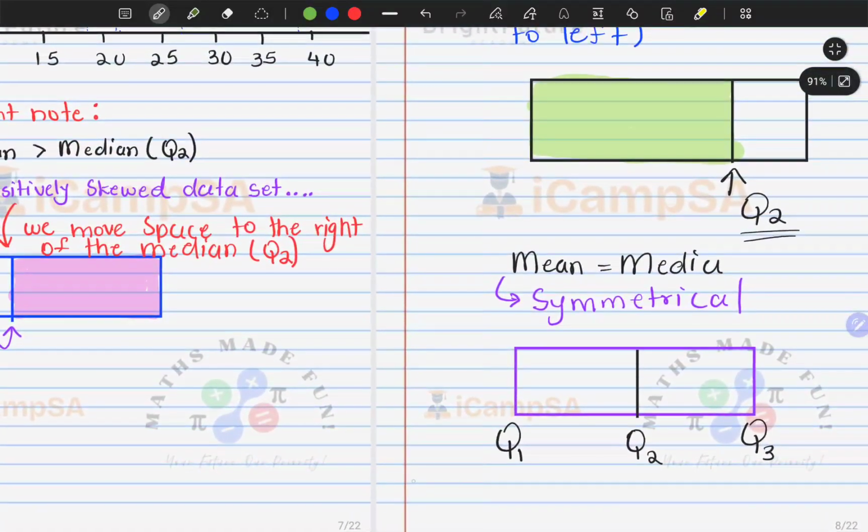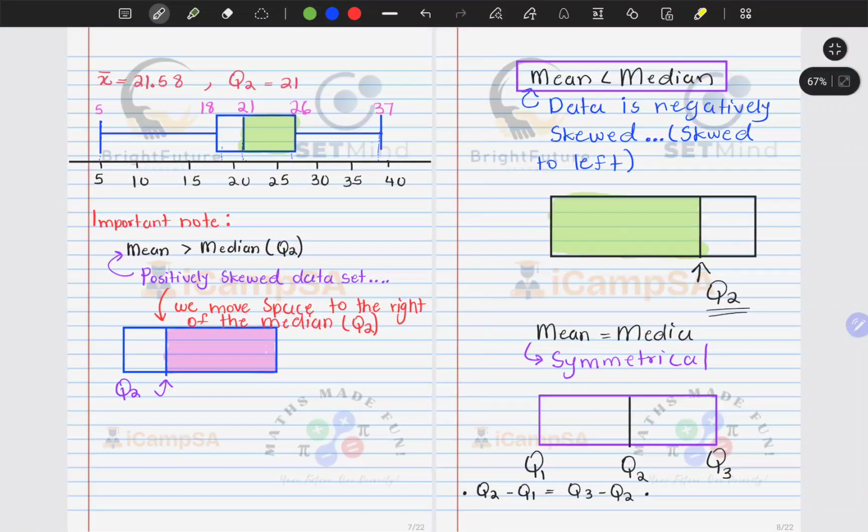If you think carefully, when it is symmetrical, if you do Q2 minus Q1, you should get the same answer as Q3 minus Q2. This is another check that you can do. For a data set that is negatively skewed, if you do your Q3 minus your Q2 and you find it is less than your Q2 minus Q1, then this will be negatively skewed.